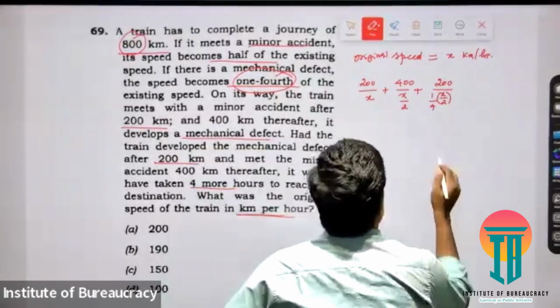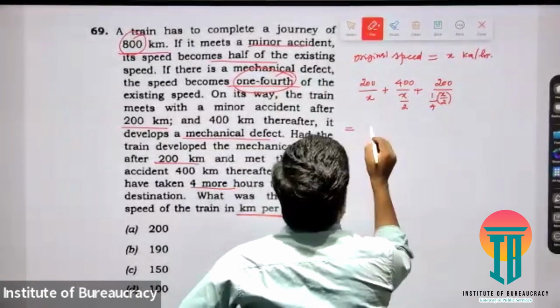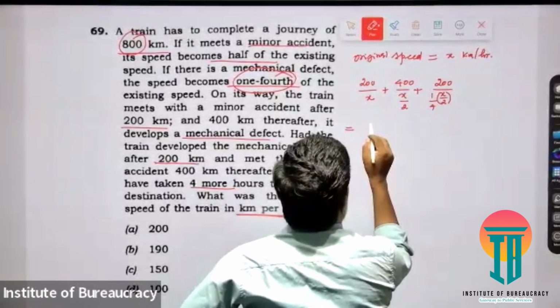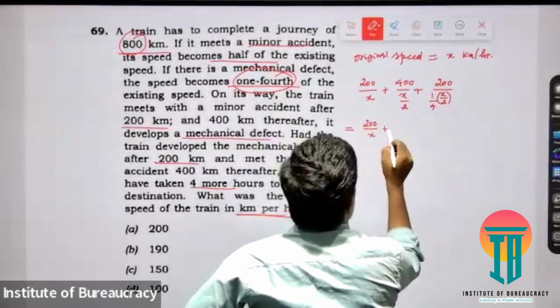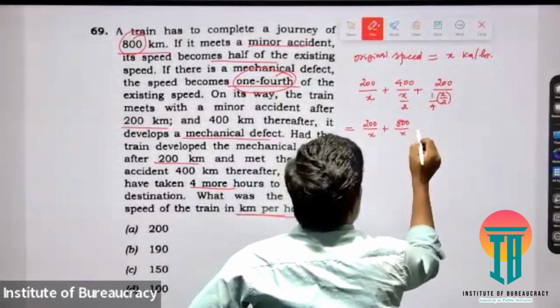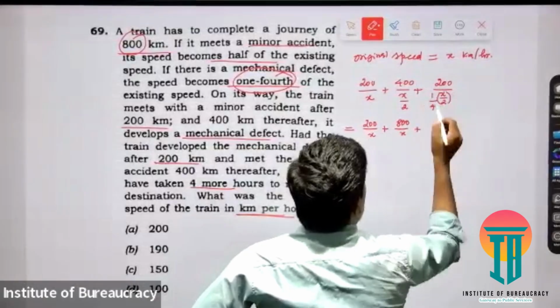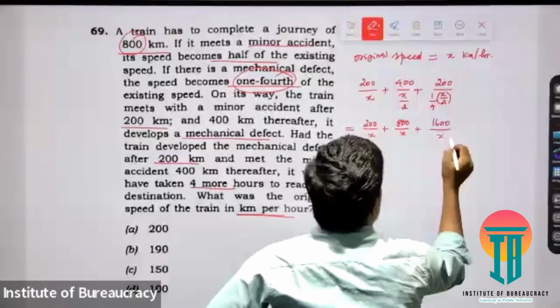So this is the first case. Here it is 200 by x plus 400 by x by 2, which is 800 by x, plus 200 by x by 8, which is 1600 by x.